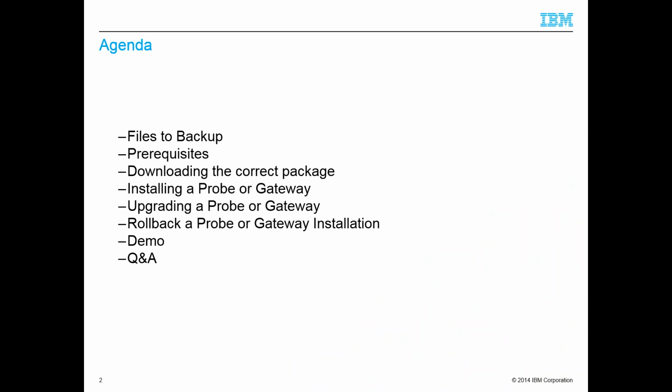I'll talk about prerequisites to installing a probe or gateway, downloading the correct package for Omnibus 8.1, installing a probe or gateway, the commands to use, upgrading a probe or gateway, and how to roll back a probe or gateway installation. And then I'll do a demo of installing, upgrading, and rolling back an MT-Trap-D probe installation on Omnibus 8.1.